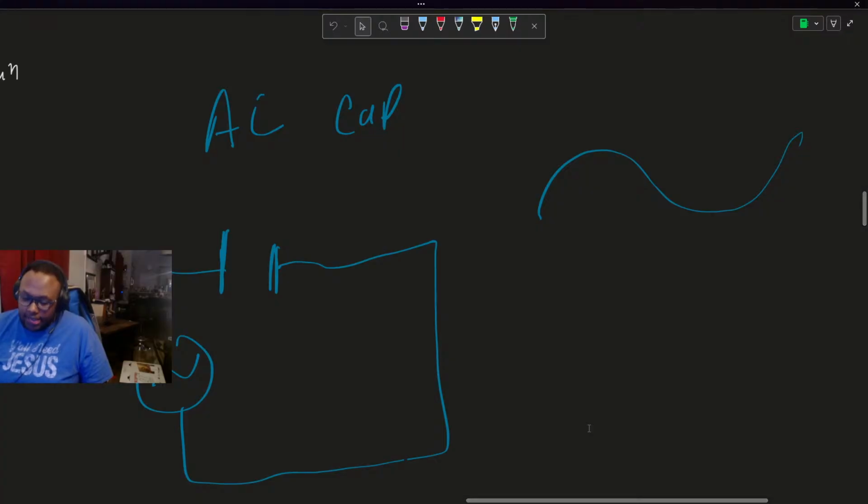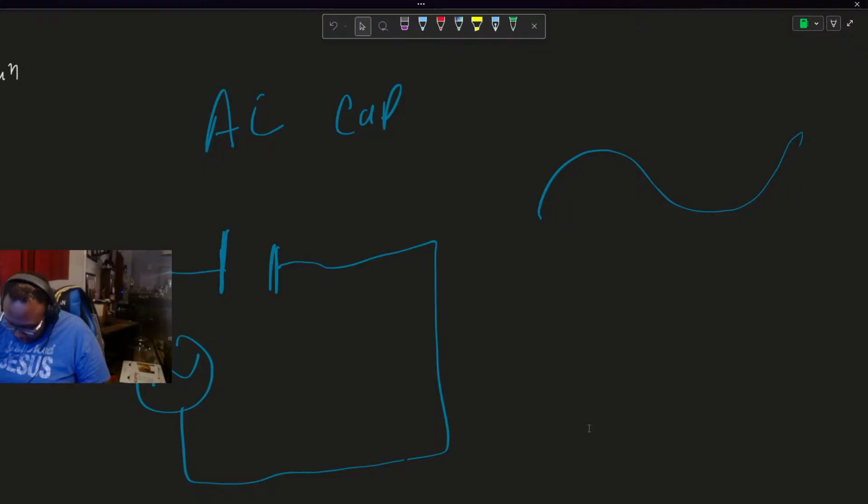Everybody knows that a sine wave is the mathematical representation of what a circle is doing. It starts at one point, goes all the way around, and comes back to the same point, and then goes around again and back to the same point.